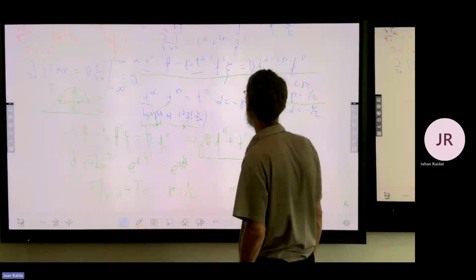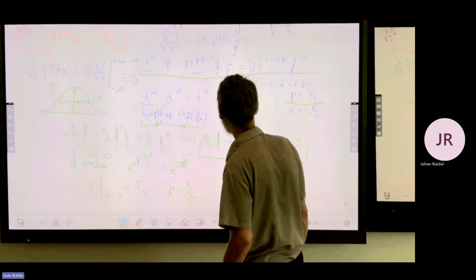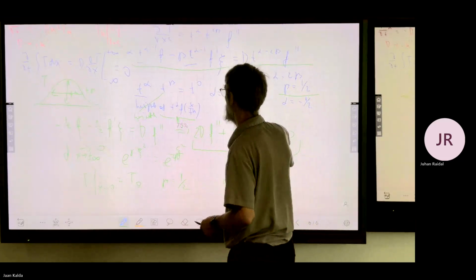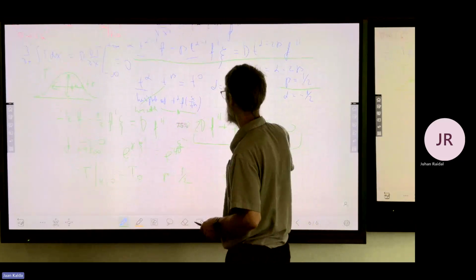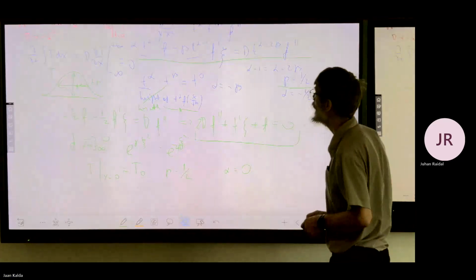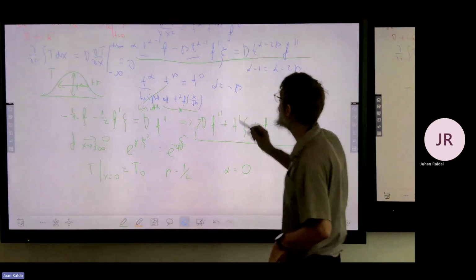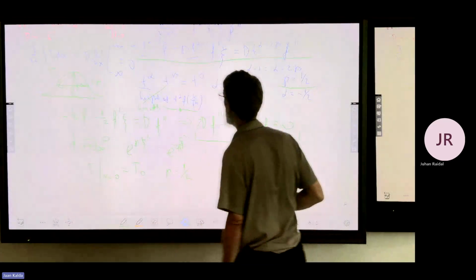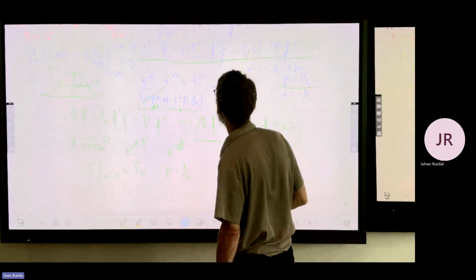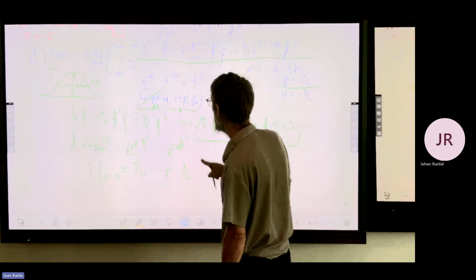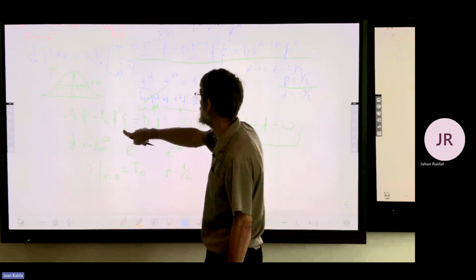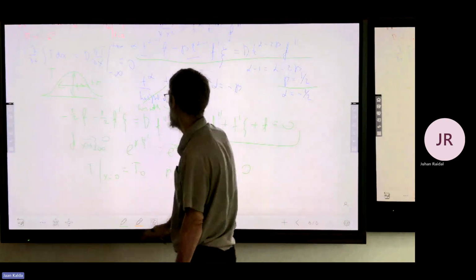Let me now rewrite this equation as well. What equation do we have now? Because now alpha is 0, this term here goes away. And we have still exactly the same equation that is here, but without this term over here.